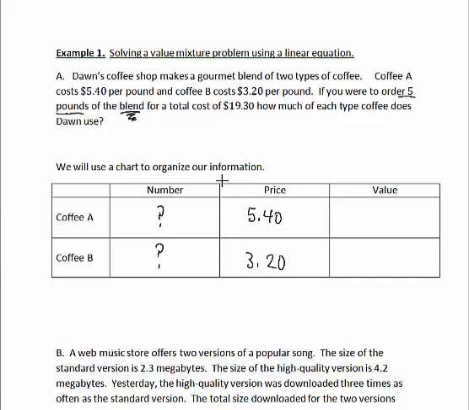Alright, and so this is typically how these problems work out. We are able to complete one of the two columns on the left, and keep in mind, according to the formula, number is multiplied, I'll put a star here, multiplied times the price, and that equals the third column value.